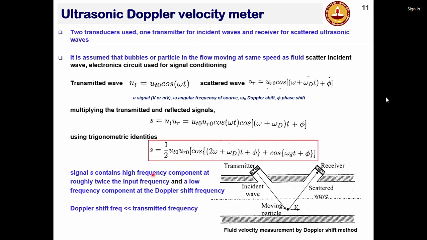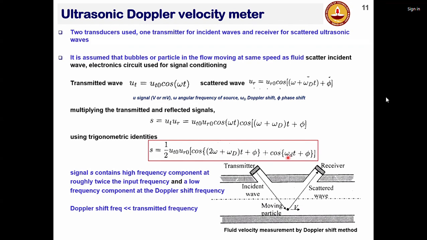Okay, so omega is much greater than omega d. So that means you essentially have a high frequency component here and a low frequency component here.